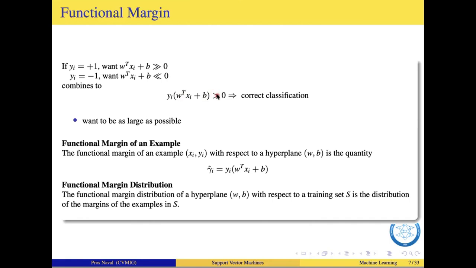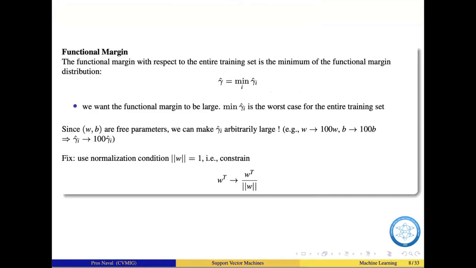It should be as big as possible. However, these are free parameters. What are the free parameters? W and B. Now, Xi and Yi are fixed by your training set. So since W and B are free parameters, we can make these as large as we can, and we satisfy the condition.